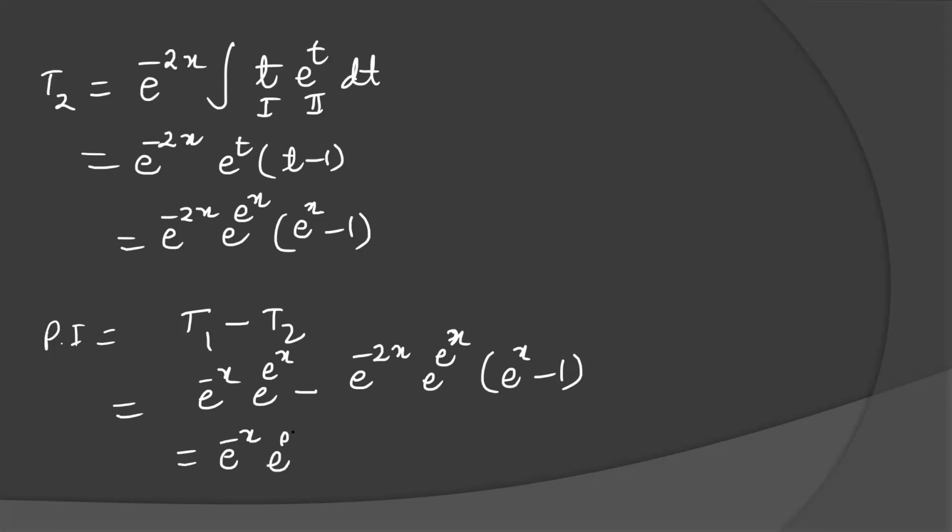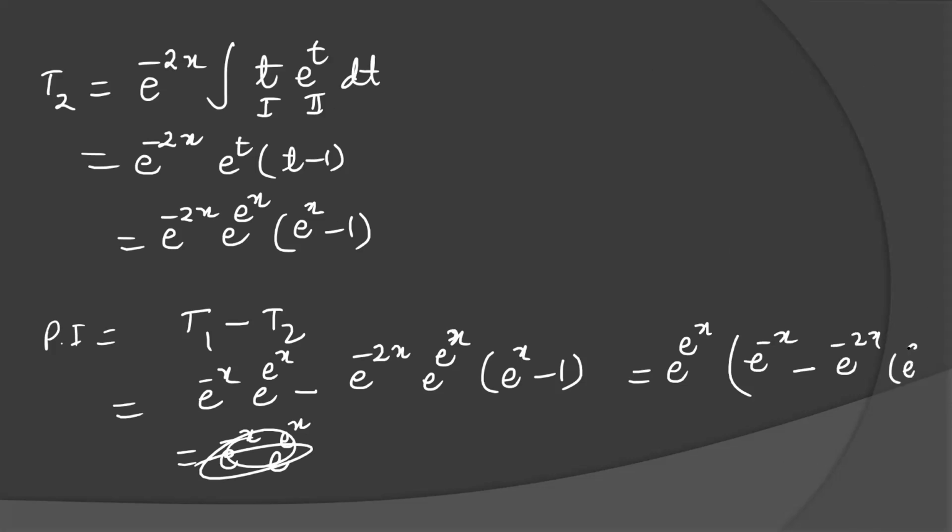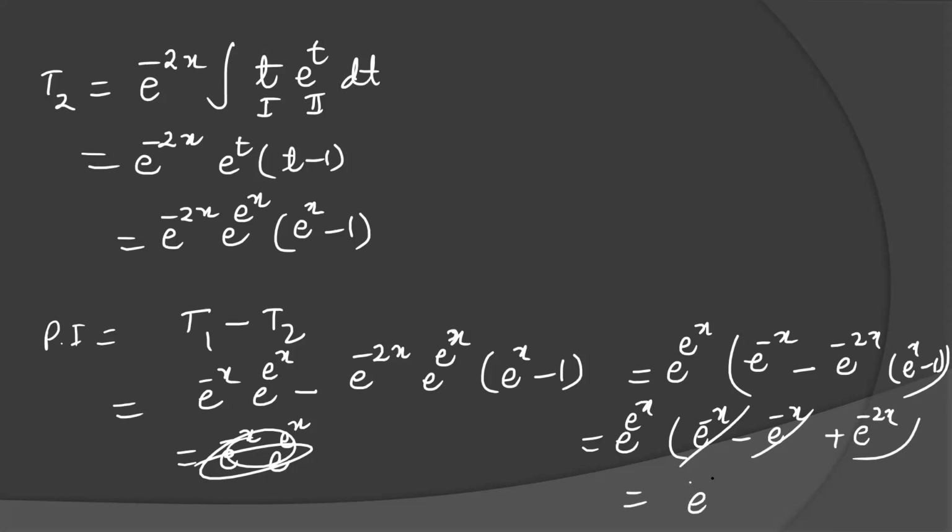We can take e to the power x e to the power x common, then it becomes e to the power minus x minus e to the power minus 2x times (e to the power x minus 1). Simplifying, it equals e to the power minus x minus e to the power minus x plus e to the power minus 2x. This cancels out, so it is equal to e to the power minus 2x into e to the power e to the power x. So this is your particular integral of this problem.